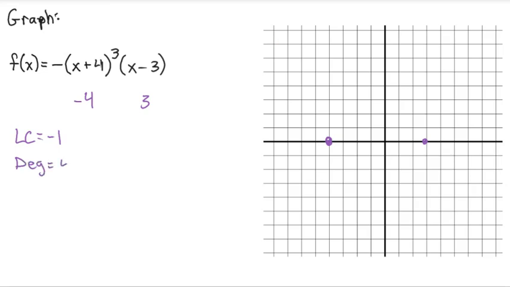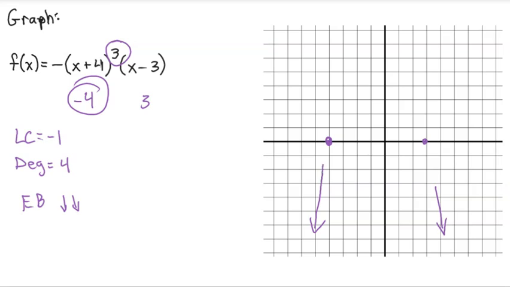Degree of 4, okay? And therefore, the end behavior is going to be down, down, because it has an even degree and a negative lead coefficient. So it's going to be pointing down on the left, and pointing down on the right. Now let's see what's going to happen in between. At -4, the multiplicity is 3, and therefore that's odd and it's not 1.